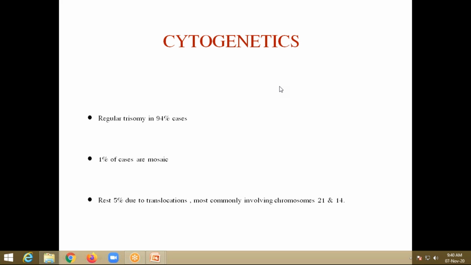Trisomy 94%, 1% mosaic forms, and the rest 5% due to translocations, most commonly involving chromosomes 21 and 14. Some part of chromosome 14 will be translocated to chromosome 21, or vice versa can also occur. So trisomy, mosaic, and translocations are seen.